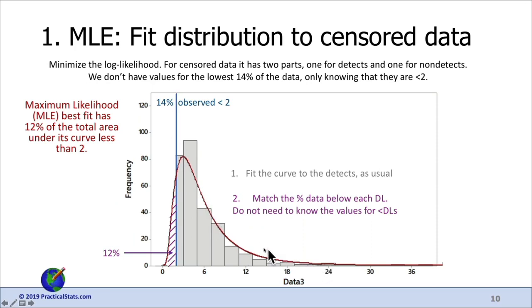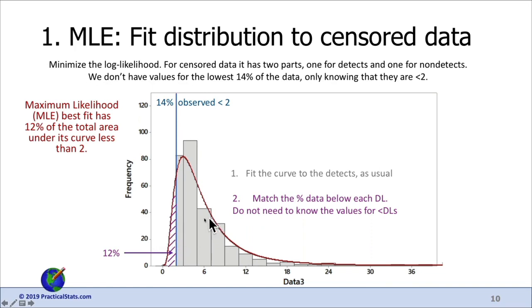When we fit the distribution by MLE, we're going to fit it with two pieces of information. One, how well can I fit the detected values? So going through the bars on the histogram, how well can I match that? And two, how well can I match the proportion of the data set that ends up to the left of 2?